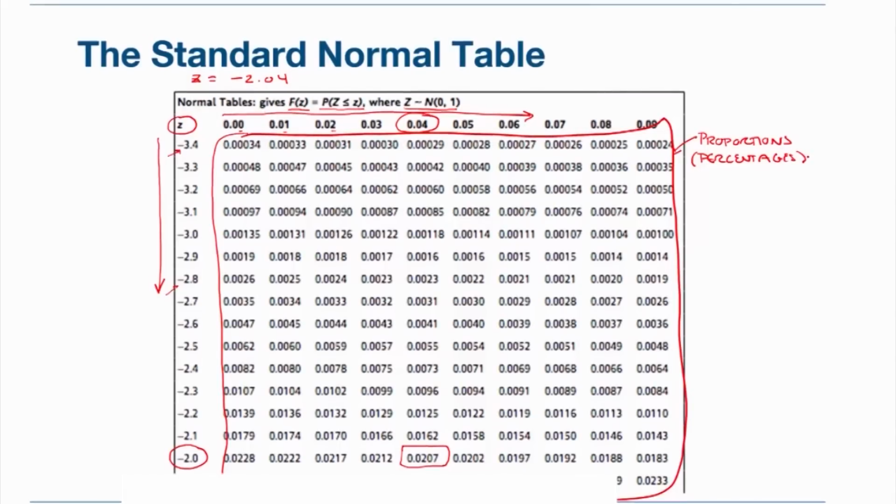And what did we get? We get that the proportion of a random variable z that is less than or equal to minus 2.04, that's our specific value of z, is equal to 0.0207, which is equal to 2.07%.